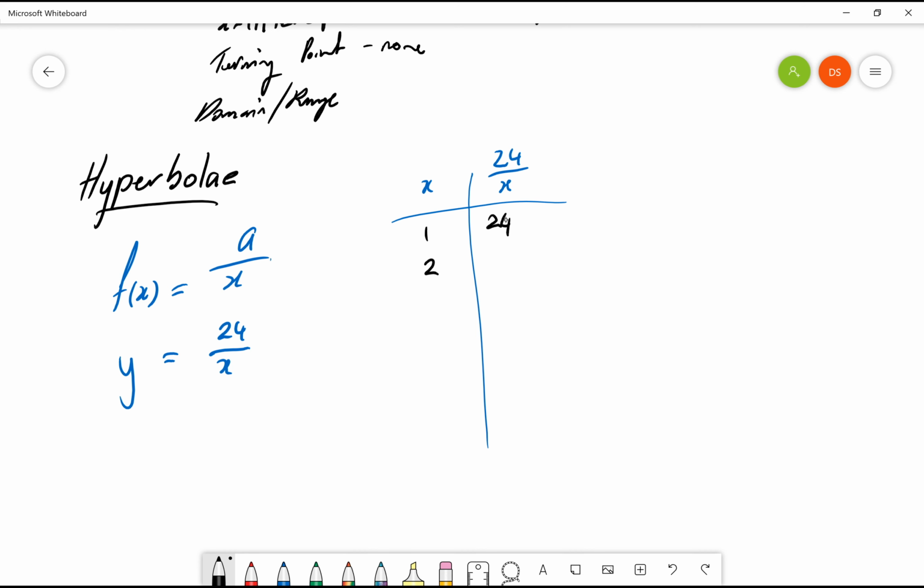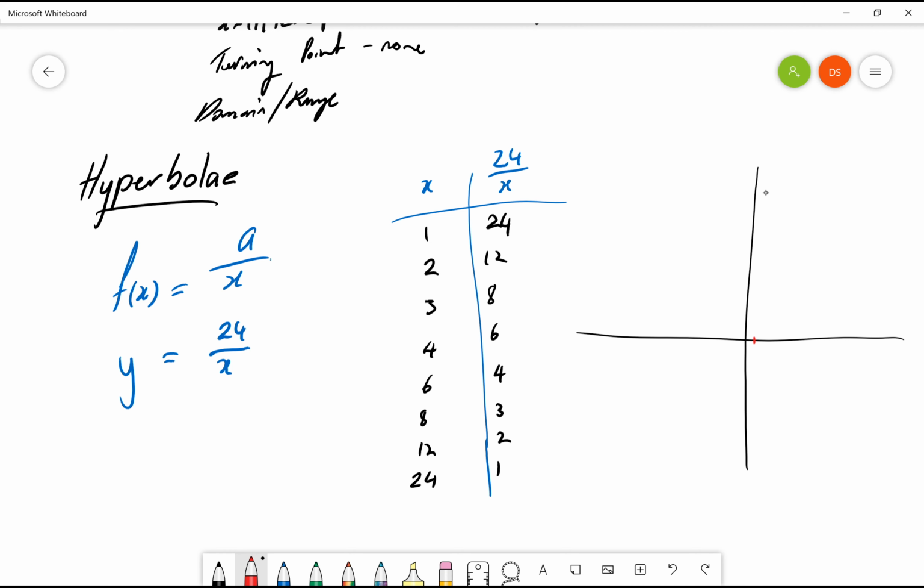What's 24 divided by 2? 12. 3. 24 divided by 3. 8. 4. 24 divided by 6. 6. 8. And I'm just going to use nice and whole numbers, okay? Because I kind of want to show you something really weird. Okay, so these points, if I plotted them, they kind of look like this on an axis.